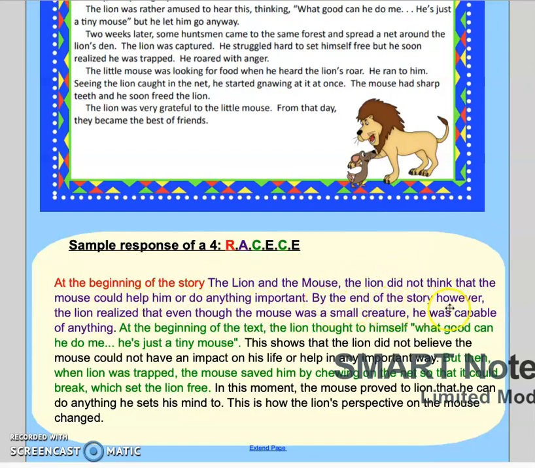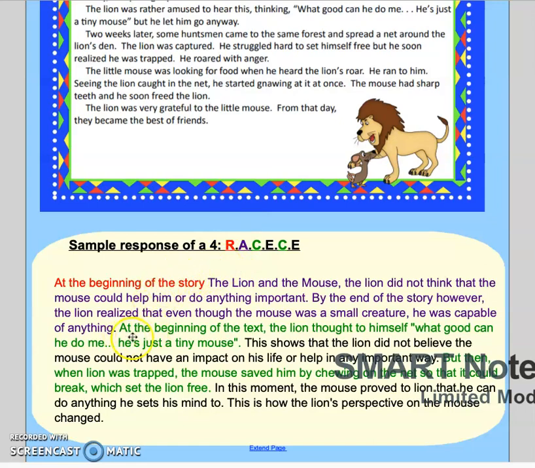By the end of the story, however, the lion realized that even though the mouse was a small creature, he was capable of anything. So that's the answer. And in this example here, the answer is 2 sentences. That is also fine. It should not be more than that. RA should be 1 to 2 sentences, no more.